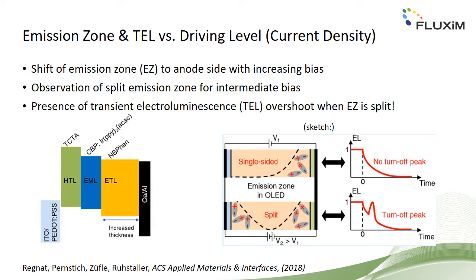So we identified a correlation between a split emission zone and an occurrence of a turn-off peak when we turn off the voltage, and observed it in the transient EL.